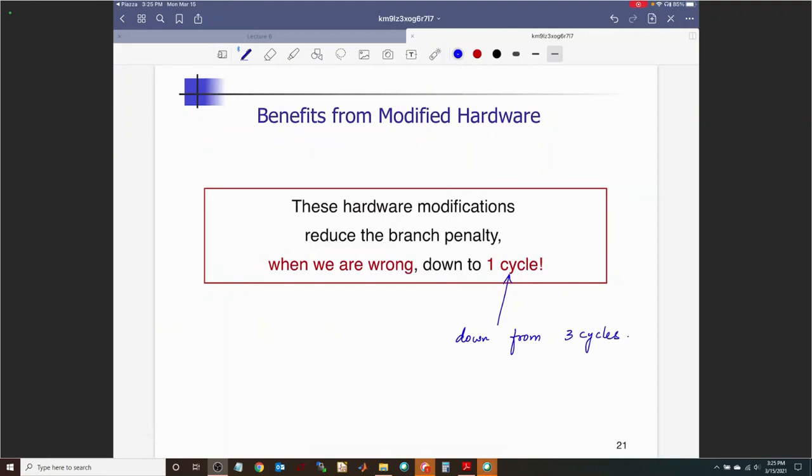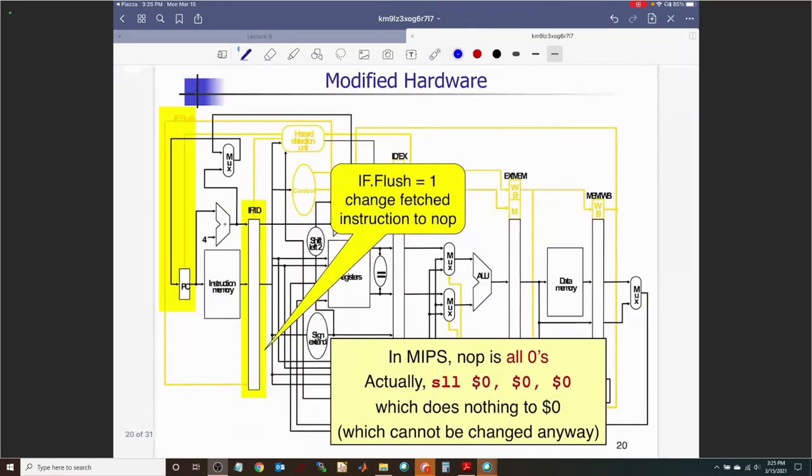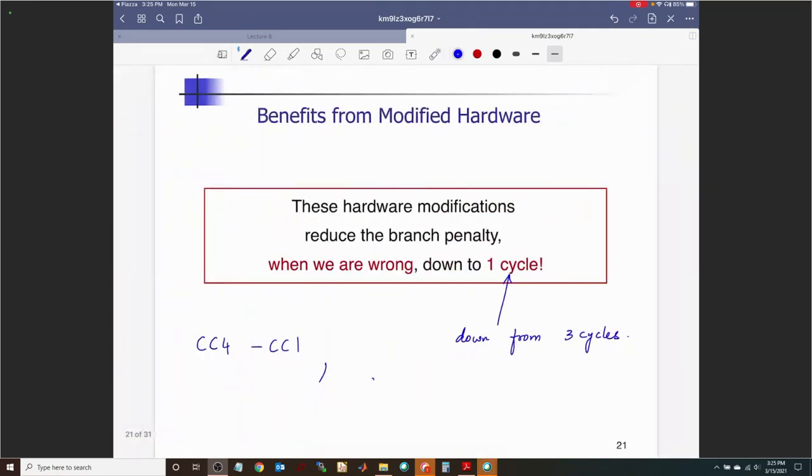Earlier it was 3 cycles because CC4 minus CC1, right? CC4 was where you were making that decision, and CC1 was the clock cycle working on the latest instruction, the third one in this case. Now we have changed it so that the decision is not made in CC4, it is being made in CC2, and the next instruction is in CC1. So the difference is simply 1 as opposed to 3.